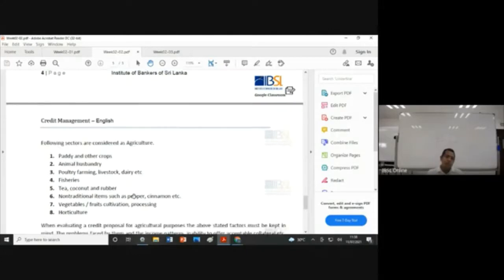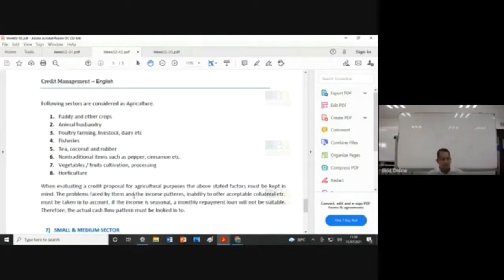So when you are lending to agriculture, you always need to have a second way out or cash flow capturing, and you need to get agri insurance as much as possible. Insurance companies are also very reluctant to give agri insurance, but we need to look at it. So the best way to finance agri is supply chain financing.